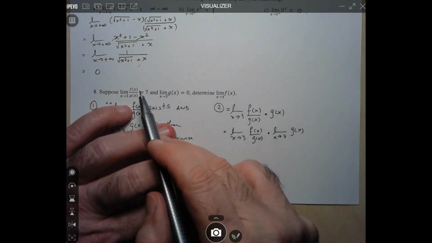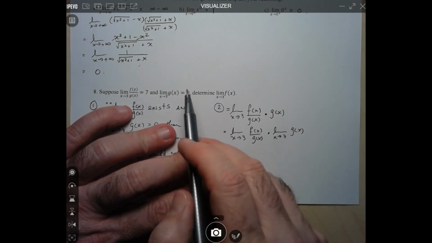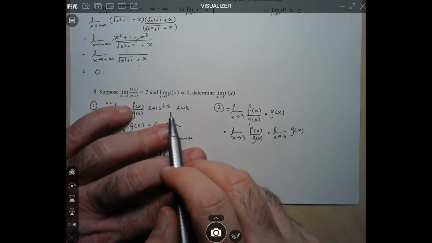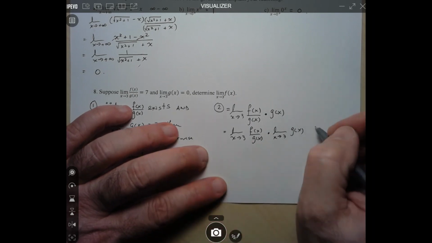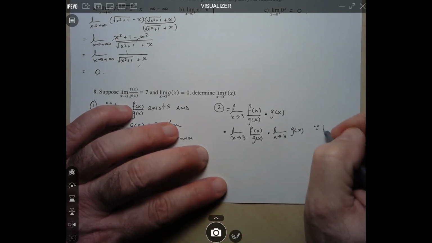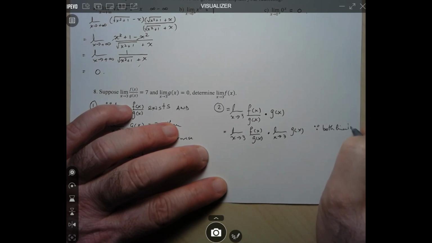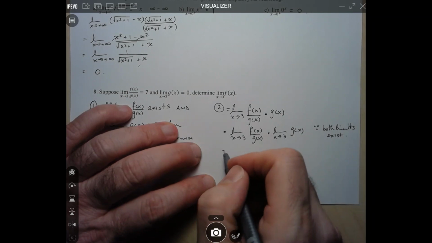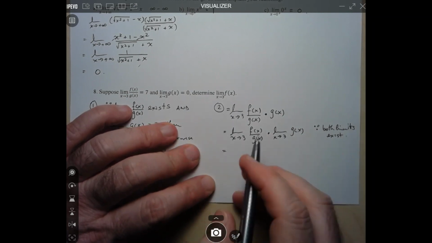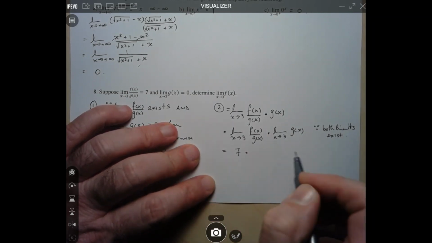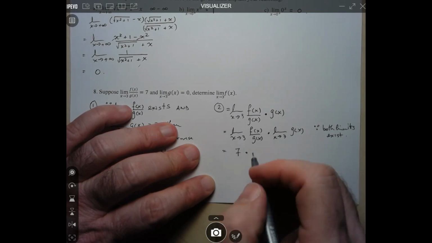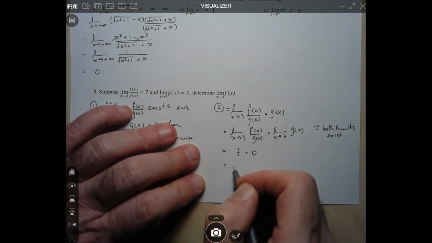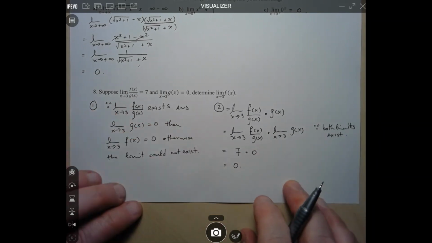And that is the case. I'm told that the limit of f(x) over g(x) exists because it's equal to 7. I'm told that the limit of g(x) exists because it's equal to 0. So I can do that because both limits exist. Now I know the limit of f(x) over g(x) is 7, and the limit of g(x) as x approaches 3 is 0. And of course, 7 times 0 is just 0.